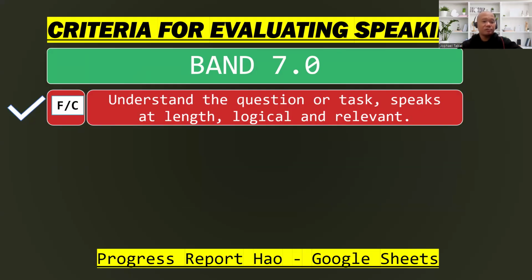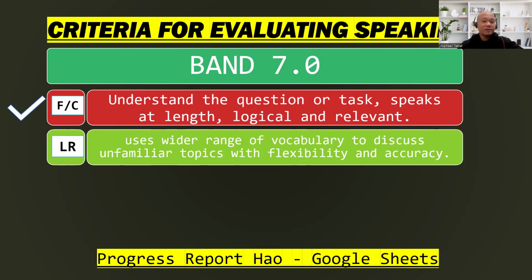For fluency and coherence, the candidate understands the question or task, speaks at length, and the answer is logical and relevant. For lexical resource or vocabulary, the candidate must use a wider range of vocabulary to discuss unfamiliar topics with flexibility and accuracy.